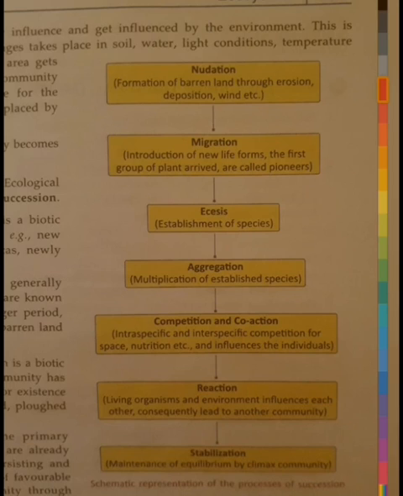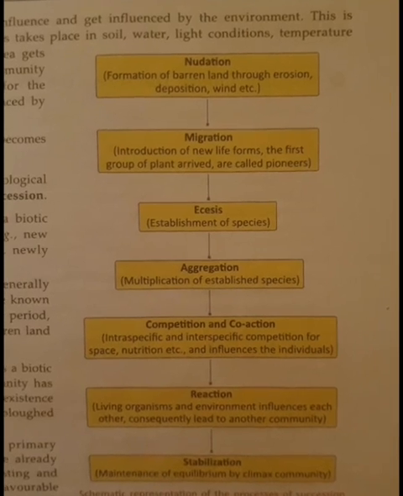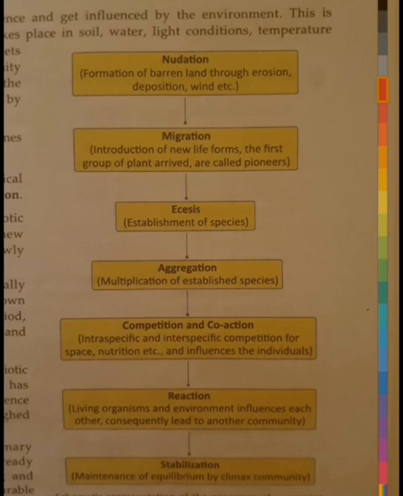There may be biotic reasons like epidemic, human activities, fire, etc. So these are the possible reasons through which a nude or a barren land can be formed, which is devoid of any life form at all. So this is the first stage of succession.